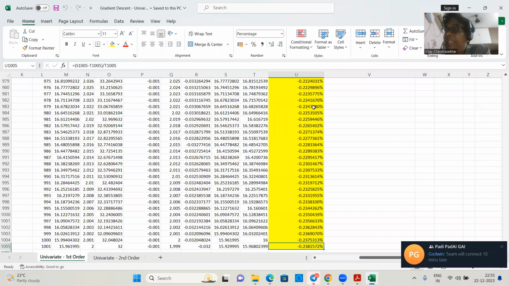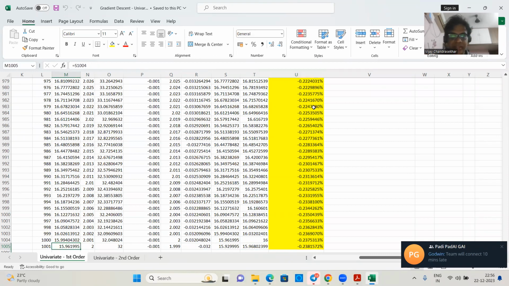So by increasing the number of iterations, and by decreasing the absolute value of the learning rate, if I keep it very, very small, I can ensure that my error is much less, right?